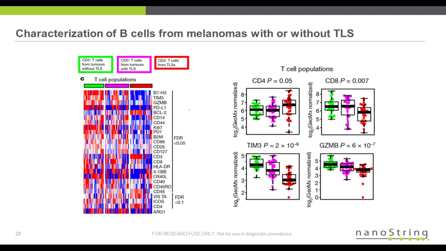He also was able to look at the level of the T cells, specifically in greater detail here. So you're seeing now not just those 3 targets, but we're looking here also at T cells from tumors that had no TLS present within them, T cells from tumors with TLS, and T cells from within the TLS themselves.